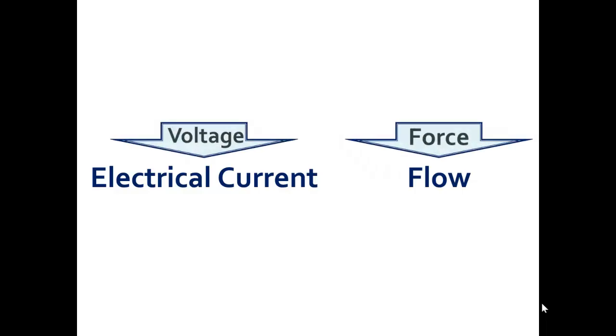The force that we use for water flow is gravity, or pounds per square inch, water column, head, however you want to describe it. The force for electrical current is voltage. It's measured in volts, and it's just referred to in general as voltage, but it's really EMF, electromotive force. It's the electrical force that motivates the electrons to move.